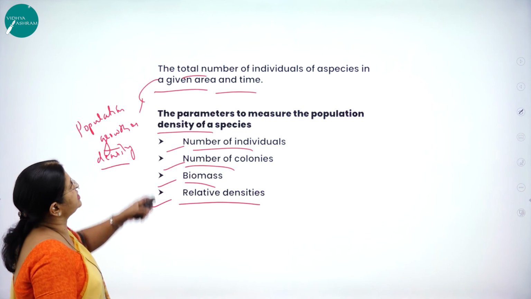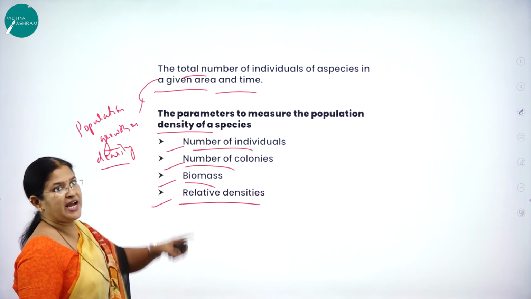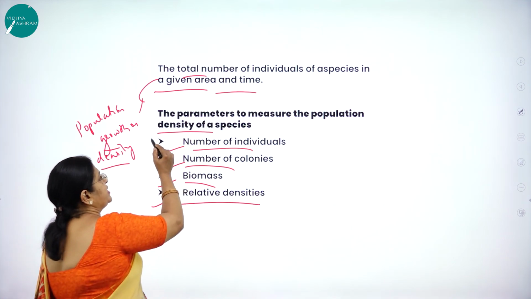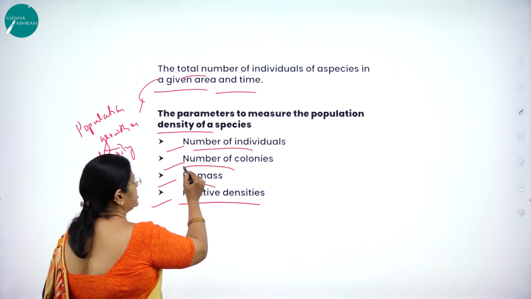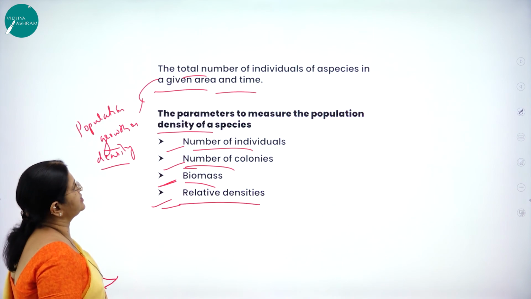What is population density? The total number of individuals of a species in a given area and time. The parameters to measure the population density of a species are: number of individuals, number of colonies, biomass and relative density.